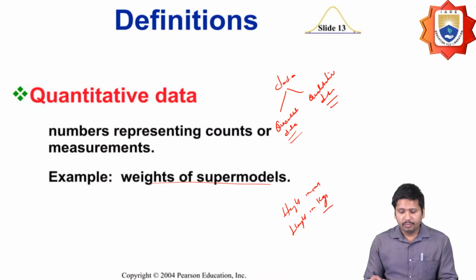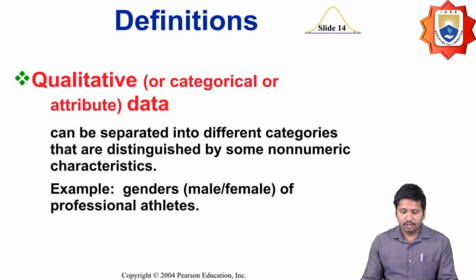So this data will be of two types, qualitative and quantitative. The quantitative data has some measurements, and it also represents counts. While qualitative data should be categorical data, or attribute data, which can be separated into different categories distinguished by some non-numeric characteristics.